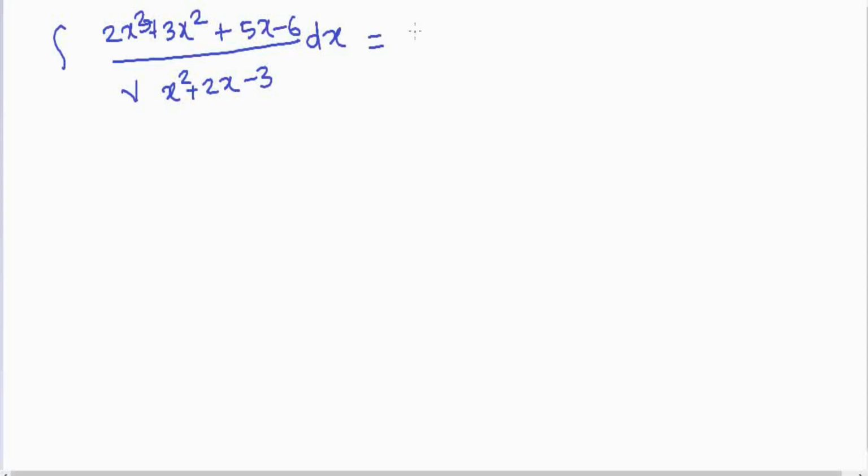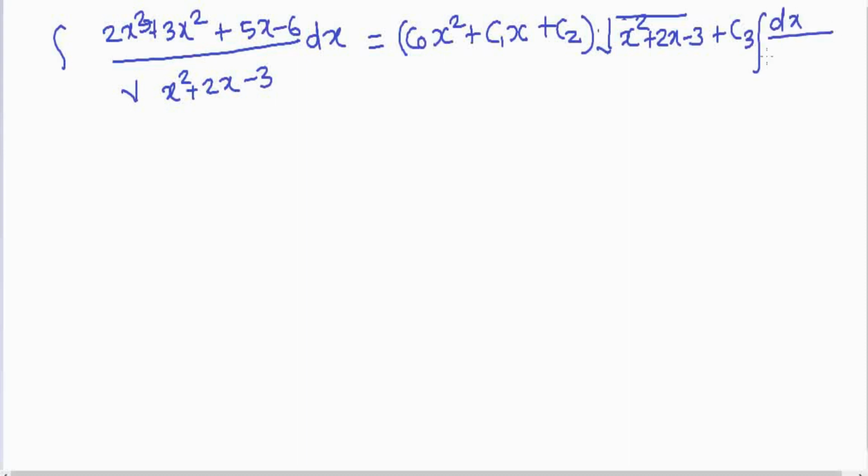Degree of this is 3, so we take here (c0 x² + c1 x + c2) into the square root of x² + 2x - 3, plus c3 into the integration of dx divided by the square root of x² + 2x - 3, where c0, c1, c2, c3 are constants to be determined.